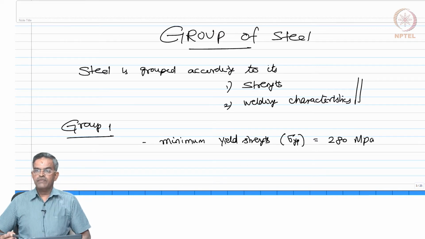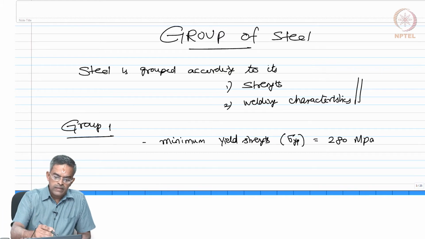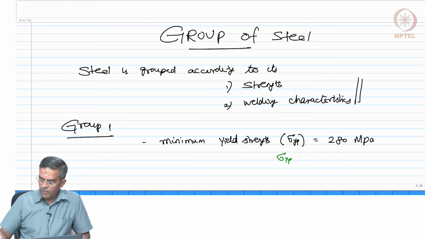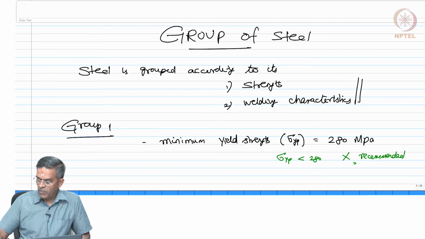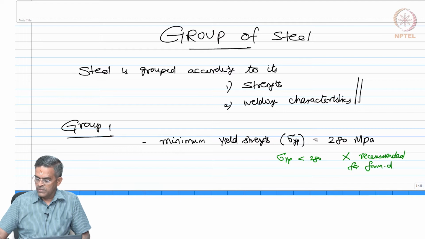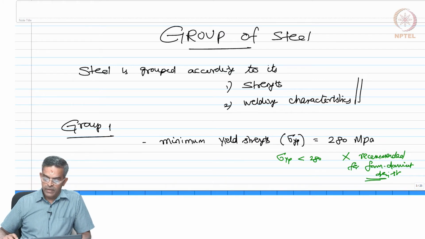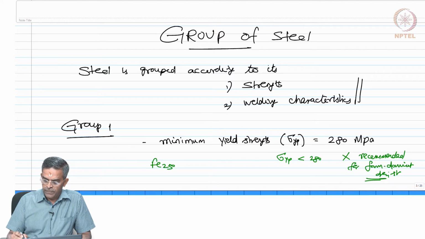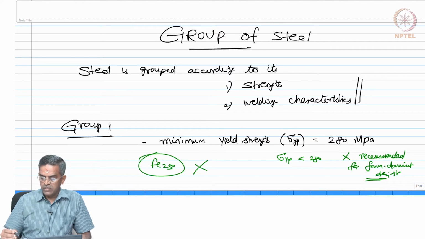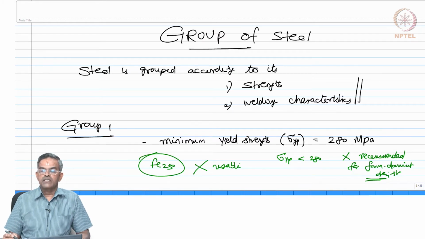So, friends, it is very important that steel whose sigma Yp is less than 280 is not recommended for form dominant design structures. Please note. Fe 250, the classical mild steel, is not usable for special and strategic structures.